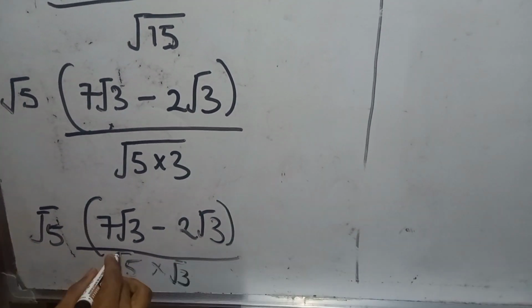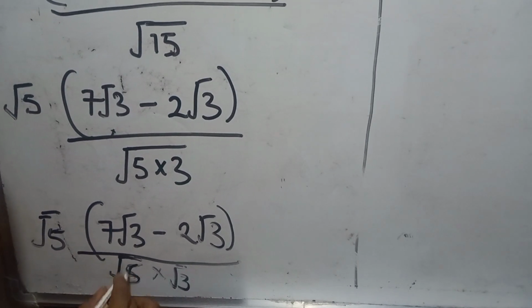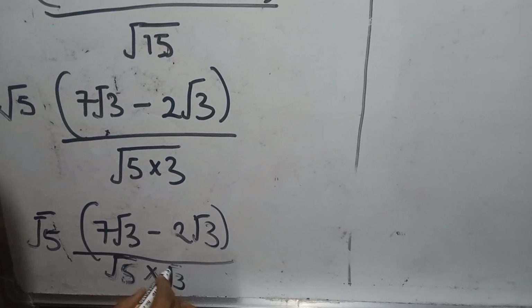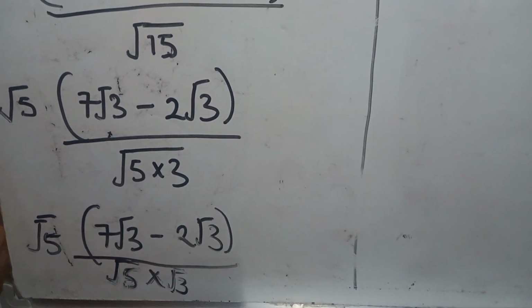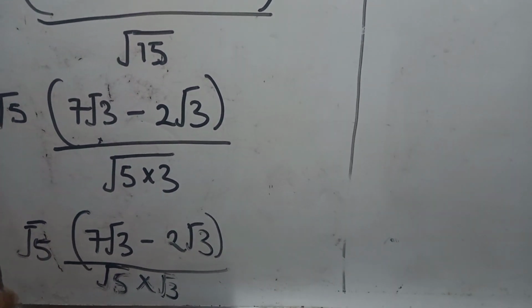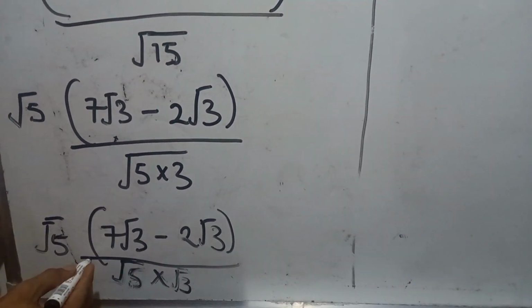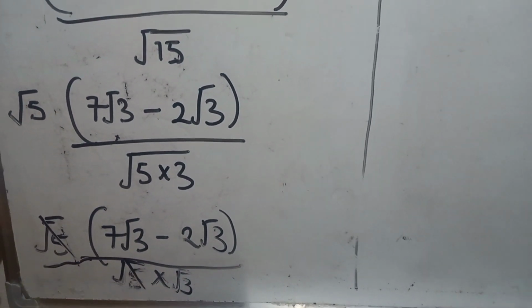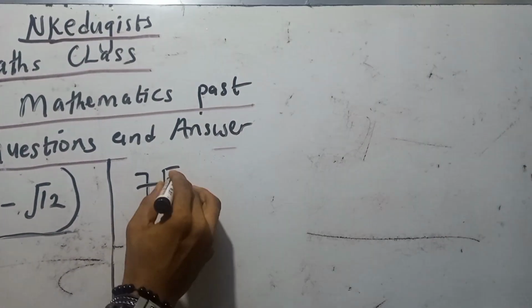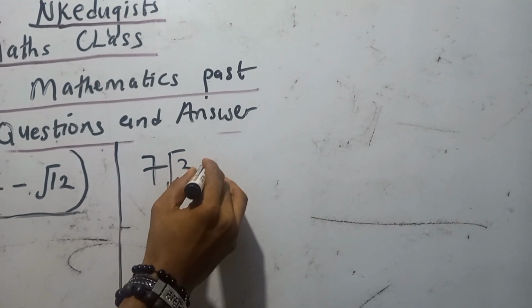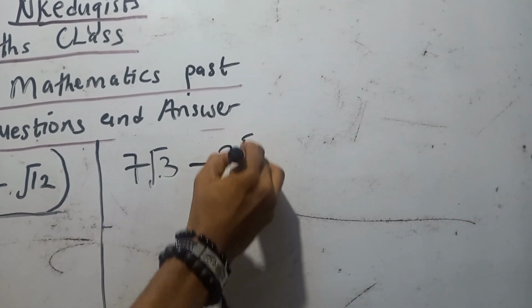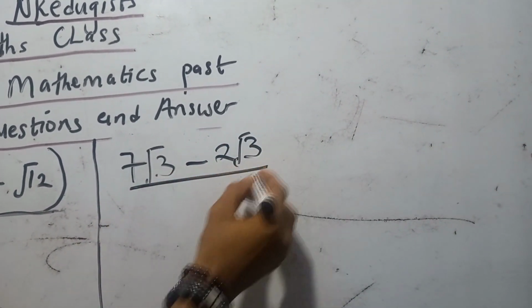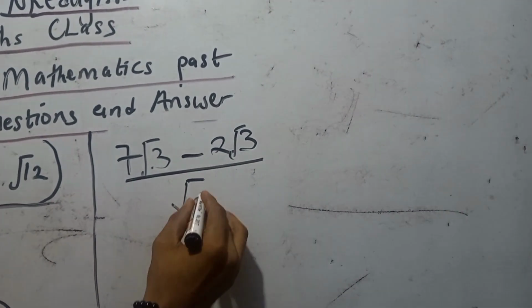There is a common term here, which is root 5. Root 5 cancels root 5. What we now have is root 3 minus 2 root 3 over root 3.